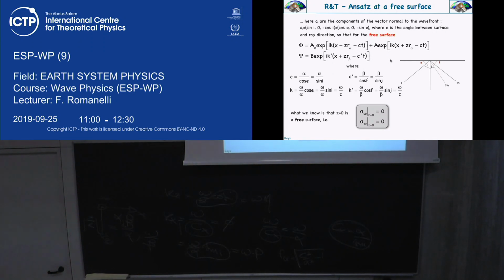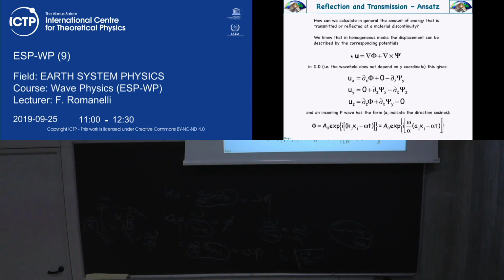What about SH? I was telling you that I was taking shortcuts, so let's just use logic here. Let's imagine that we want to solve that problem with an SH. SH, what does it mean? We have just Uy component. Here we have Ux and Uz.